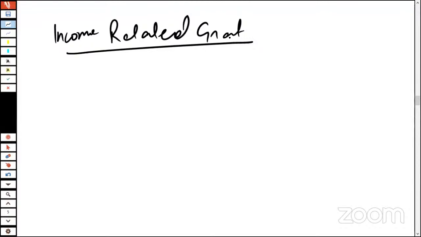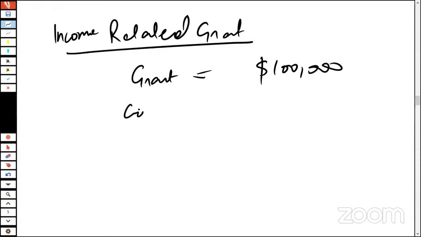With respect to the income related grant, assume that the grant you were given was 100,000 and the condition was imposed for 5 years. 2 years have passed.